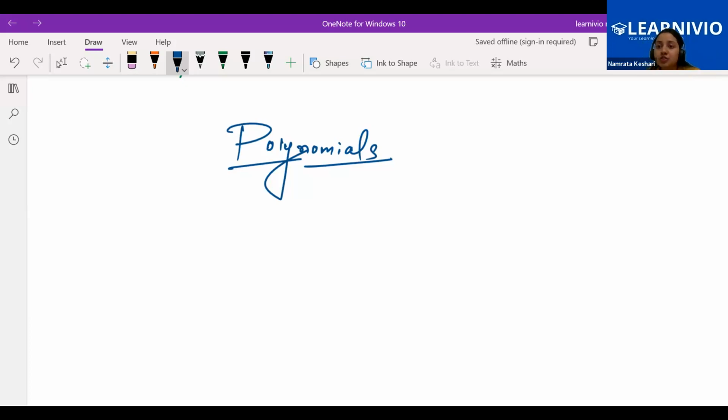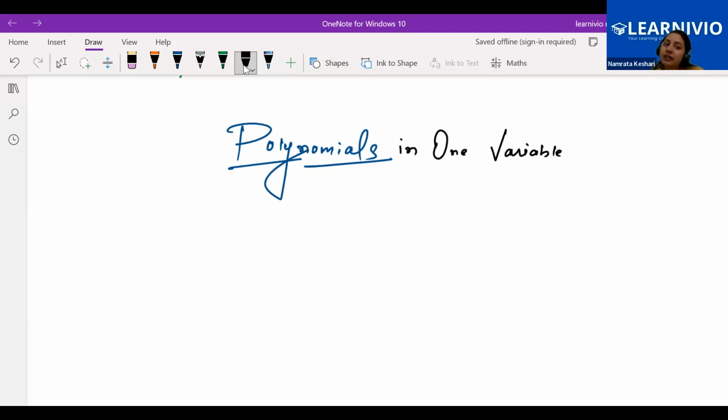So the first condition is that all algebraic expressions are not polynomials. Here particularly we are going to discuss polynomials in one variable. So we also have to be careful about the criteria to be a polynomial, and there has to be one variable.